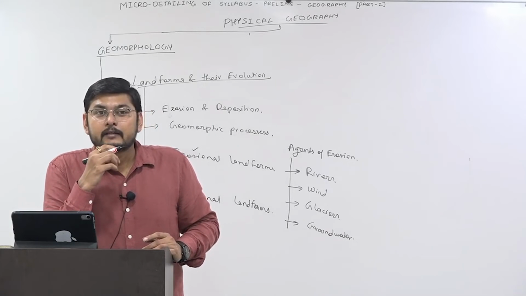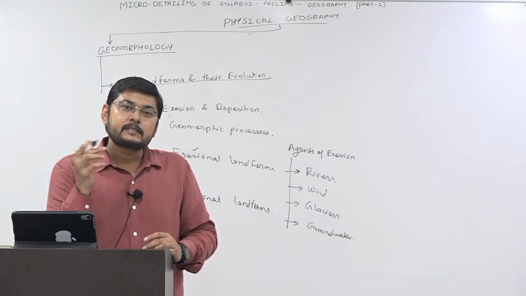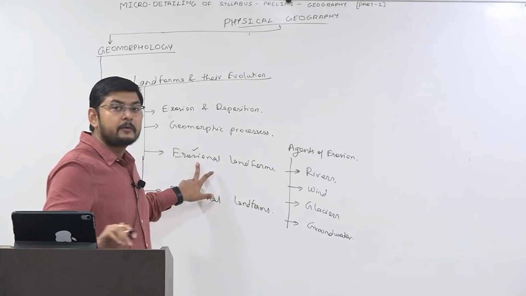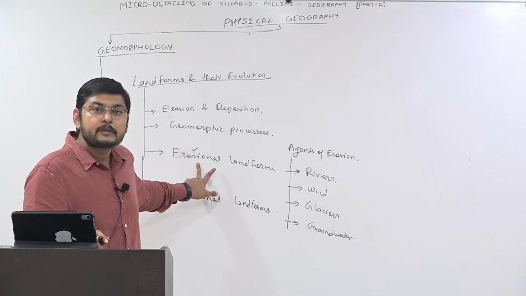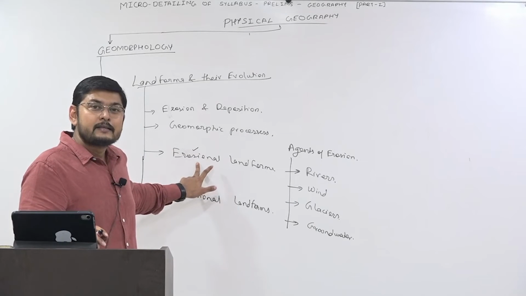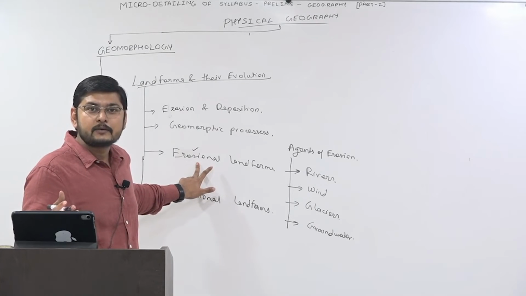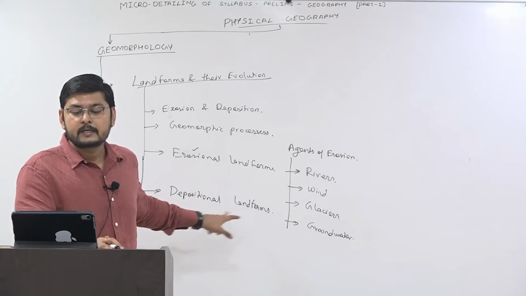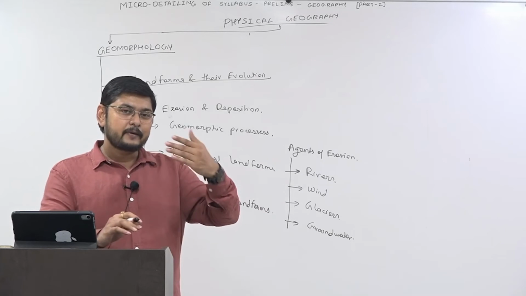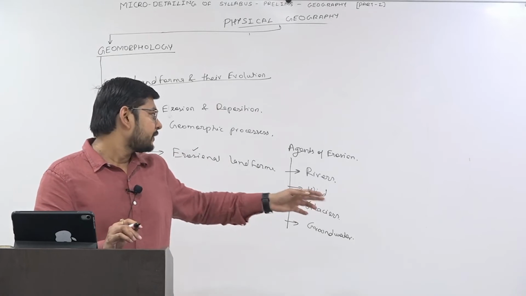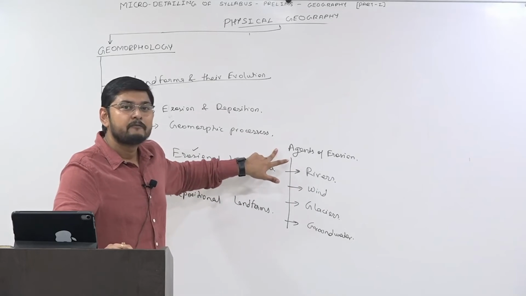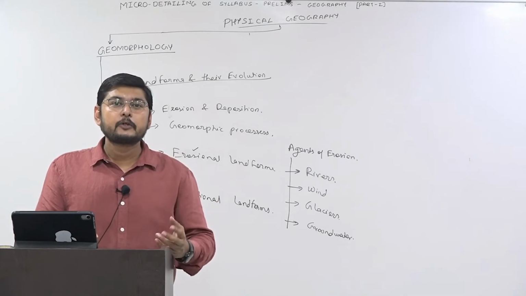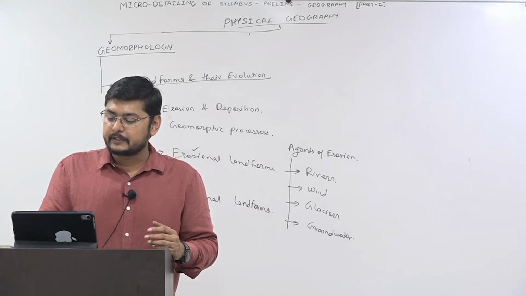The movement of groundwater results in the formation of caves, which is a result of erosion, but it also results in the formation of stalactites, stalagmites, and cave pillars, so these are depositional landforms. In this way, we'll be studying different types of landforms associated with the different agents of erosion, which help in the evolution of landforms over a region.